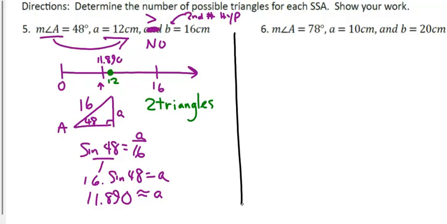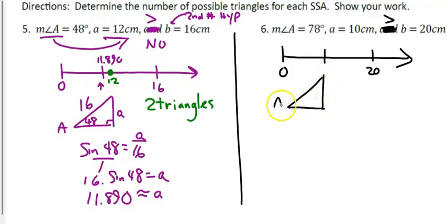In problem 6, again, the A value is not greater than 20, so that means we have to find the value of the right triangle. So again, sine 78 degrees is equal to A over 20.